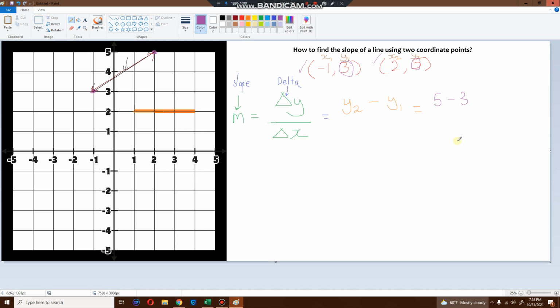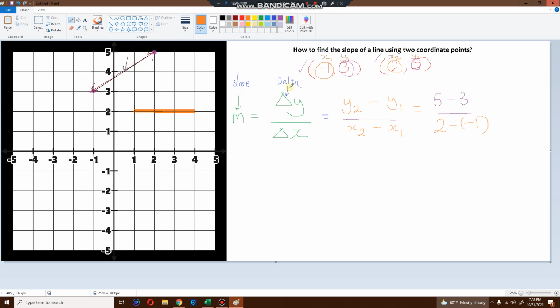You see that? That's what it means. And then, of course, I'm going to do delta x, which is the same thing, except I'm going to use my x numbers. So I'm going to take my x2 value, which is 2. First, let me write this down. x2 minus x1. And that's going to be 2 minus, and the value of x1 over here is minus 1.